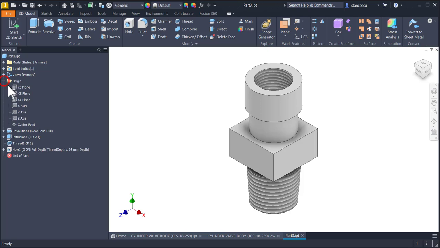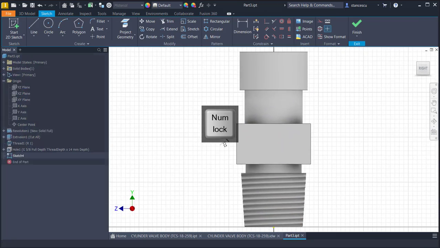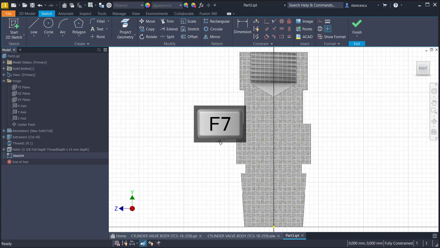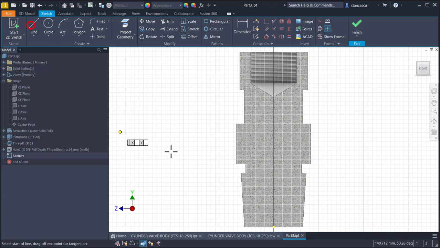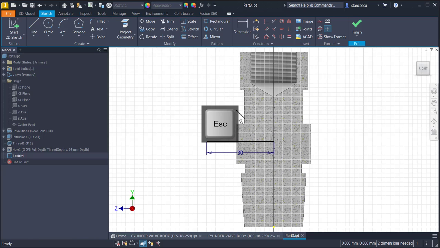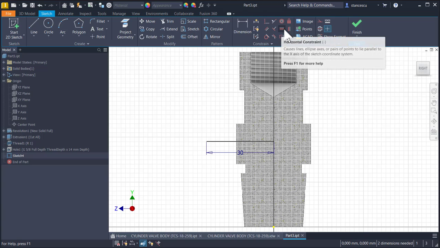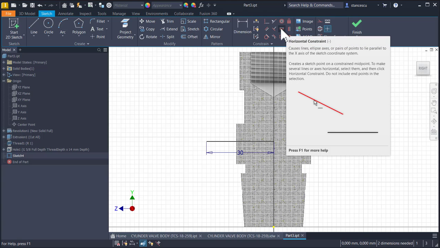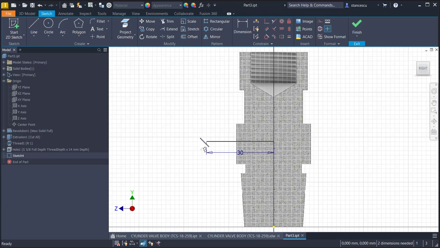The plane is this one, F7, line with a length of 30, and horizontal is vertical. Horizontal is this point with this point. Yes.